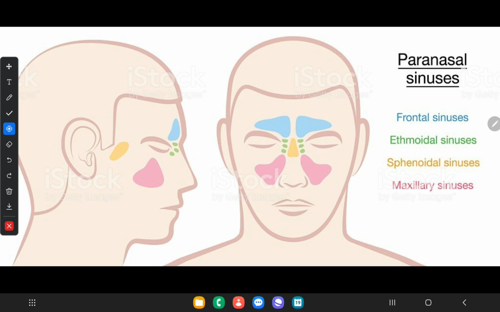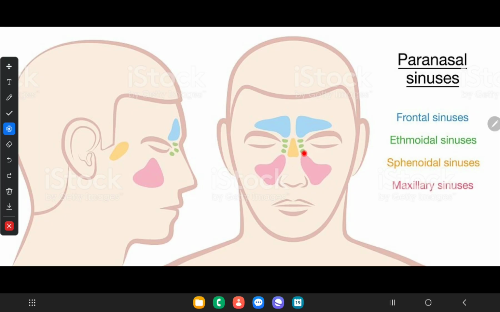Today I'm going to discuss paranasal air sinuses. I will give you a brief introduction first. The paranasal air sinuses are air-filled spaces in some bones surrounding the nasal cavity.